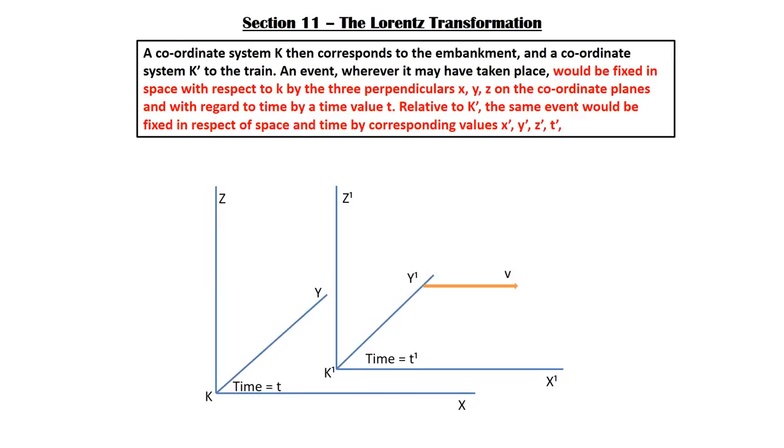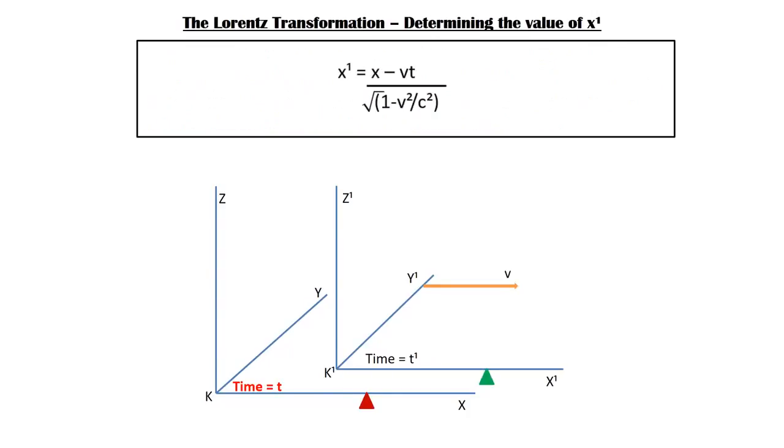The same event would be fixed in respect of space and time by the corresponding values x1, y1, z1, t1 with respect to the K1 coordinate system. So when an event takes place and we know the values of x and t with respect to the K coordinate system, we use the Lorentz transformation to calculate the value of x1. And we use it to calculate the value of t1.